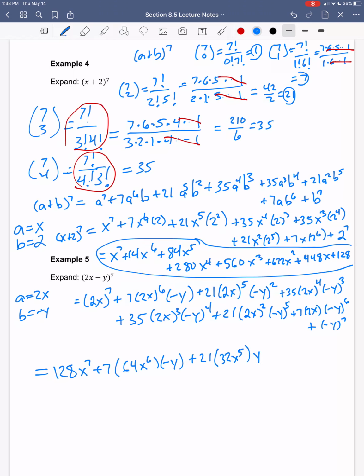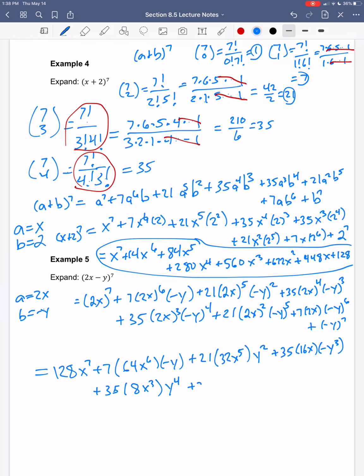Negative squared is positive, so that would be positive y squared. Plus 35, 2 to the 4th, we get 16x. Negative cubed would stay negative. Two to the 3rd power is 8. A negative to the 4th is positive.